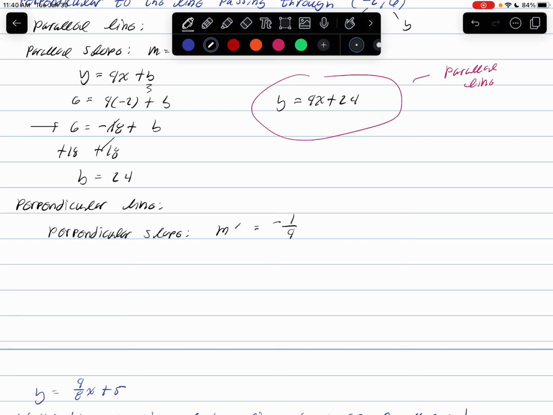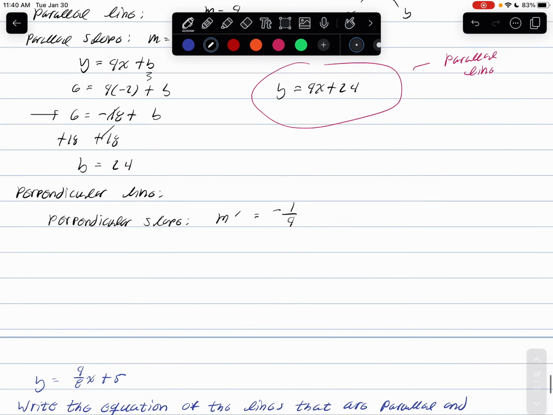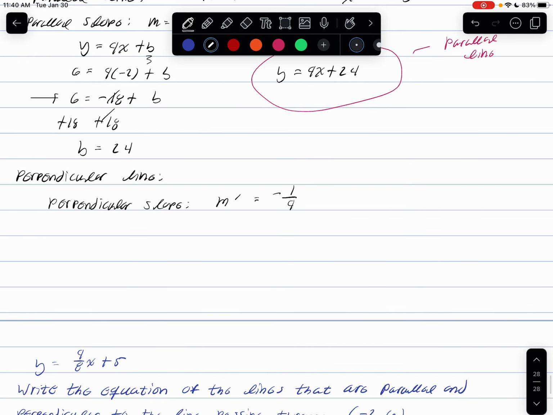So we flip it, making the numerator the denominator and the denominator the numerator, and we change the sign. So the general form of the perpendicular line is going to be y equals negative 1 over 9x plus b.